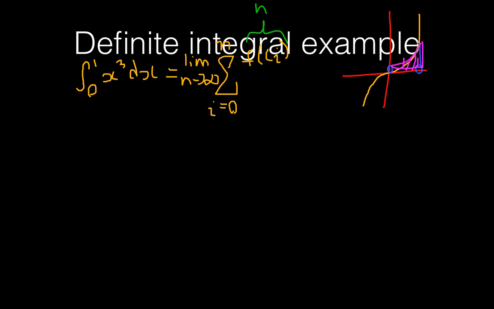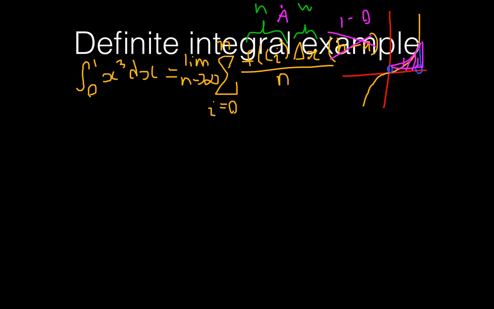Then this is multiplied by change in x. This is going to be giving us the width. So together, these give us the area. And then we have over the interval it's on. So that's going to be b minus a. And we know that b is 1, a is 0, so this is going to be just 1. And since it's multiplication, anything times 1 is itself, so we can go ahead and cancel this out. And this is going to all be over n, the number of subintervals.